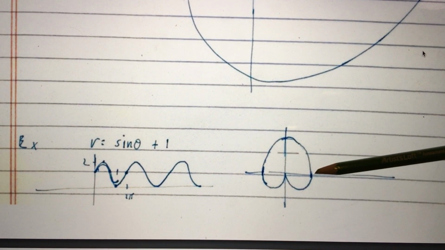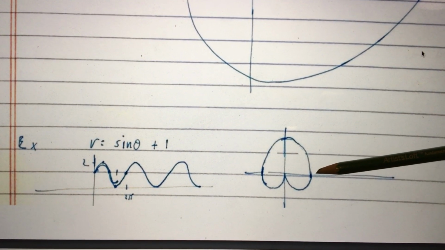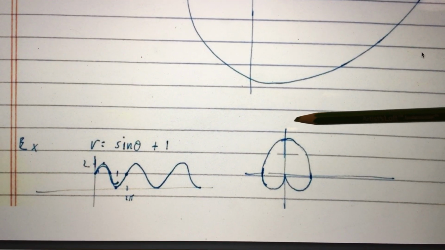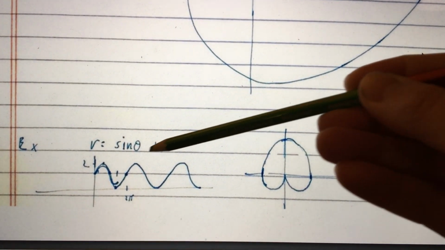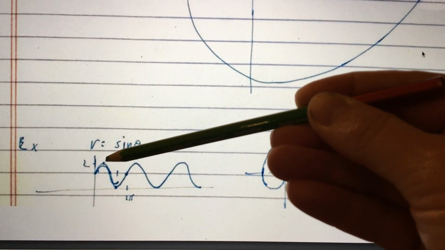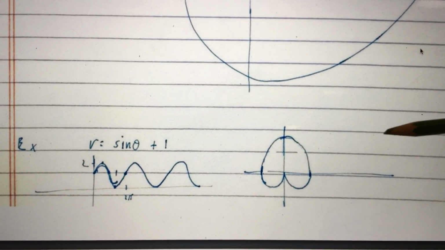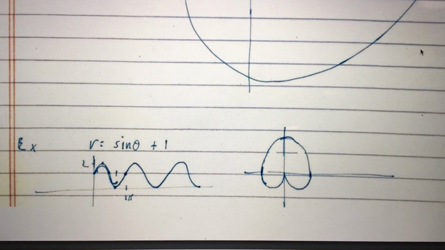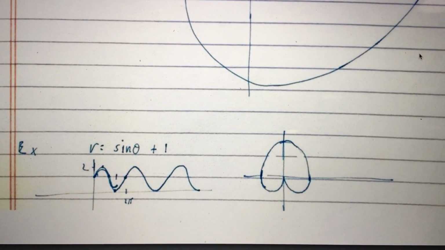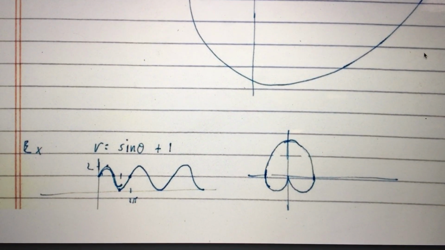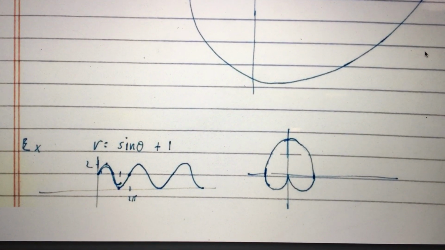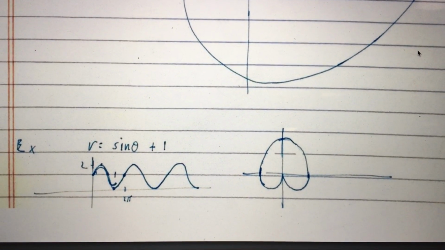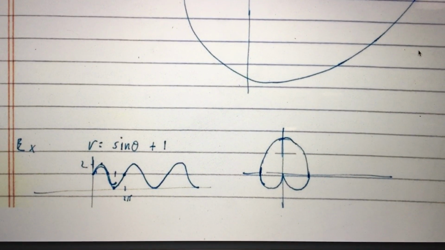Then when you get to theta equal to pi over 2, that will be the high point of the sine graph. So it's right there, and that means r is equal to 2, so 2 away from the center. And so on. As you keep going around, you can plot points from the theta versus r picture of sine theta plus 1 and put them onto the polar graph, and then eventually get that whole shape.